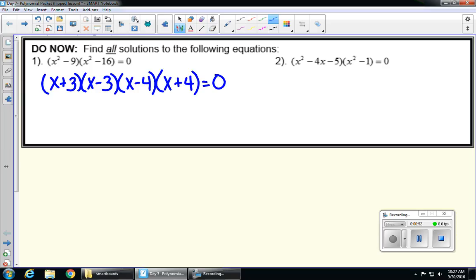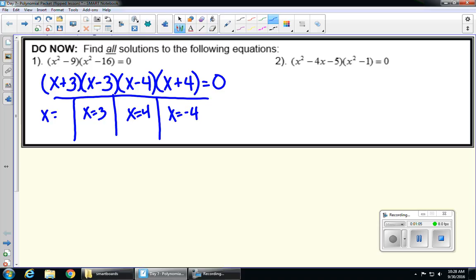And then after it's completely factored, I can tee everything off and get all 4 solutions. So my answers are plus and minus 3, as well as plus and minus 4.